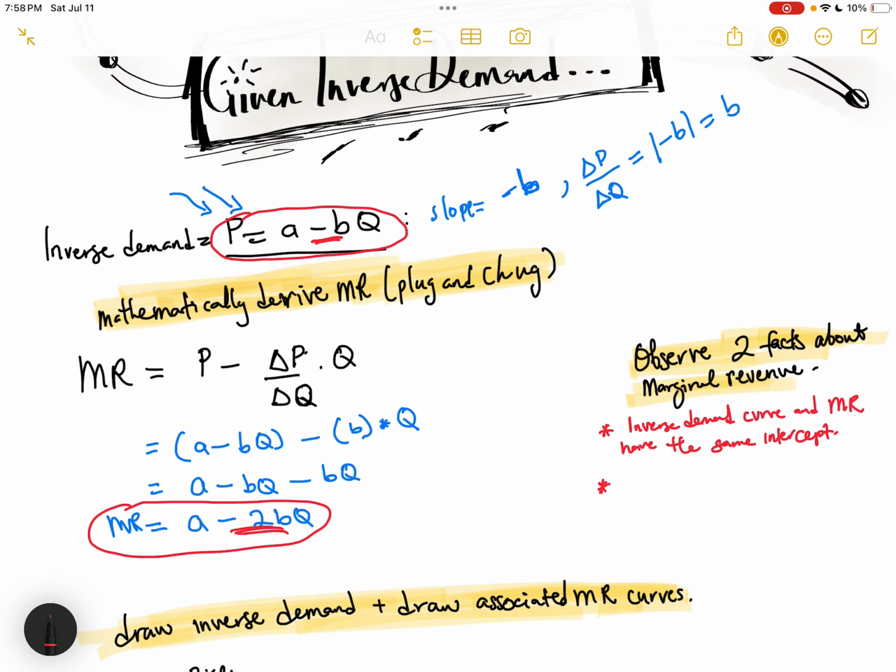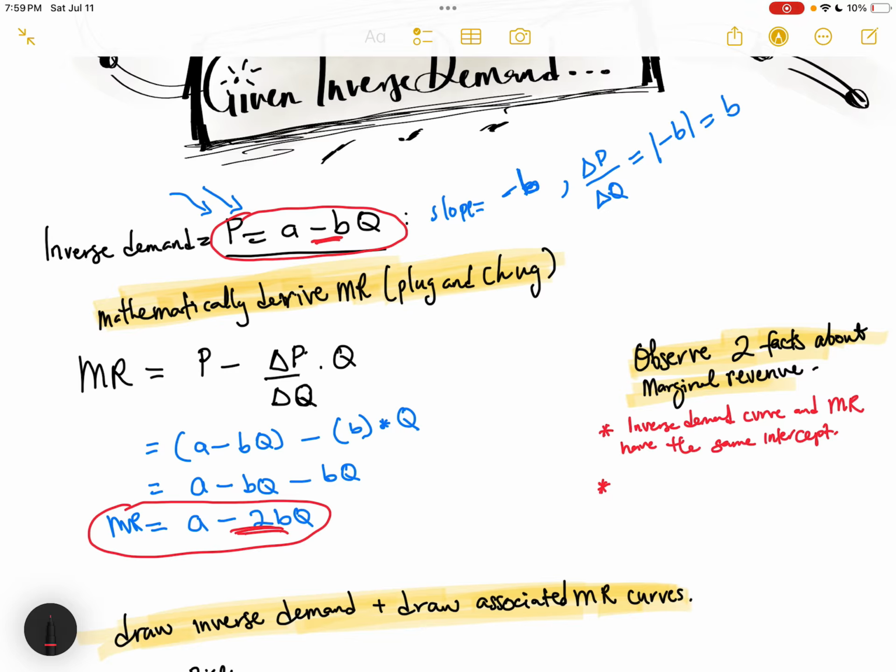So what does that mean? Well, the slope for marginal revenue is bigger, and that means that the marginal revenue curve is steeper. All right. If you have two curves where one is steeper, the steeper one, which also has the same intercept as the inverse demand curve, the steeper curve will lie below the inverse demand curve.